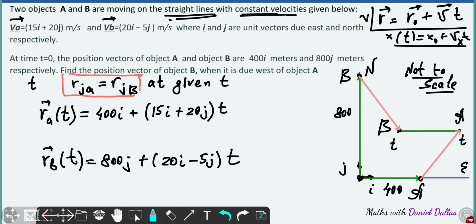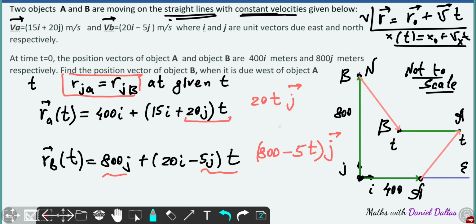So we simply keep track of the j components. The j component here is 20t, so 20t is the coefficient before the j unit vector, and the j component for object B is 800 minus 5t, the total j component for the vector RB.